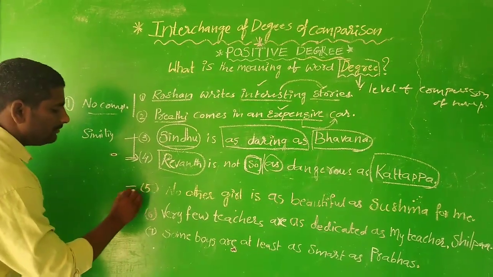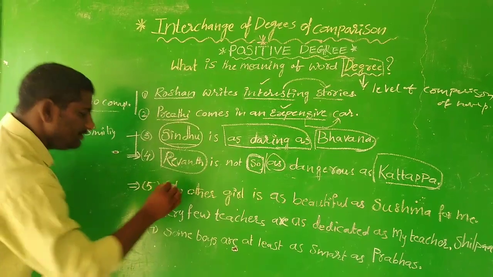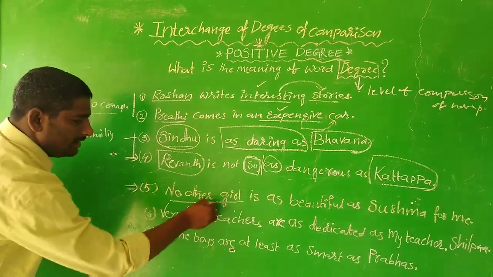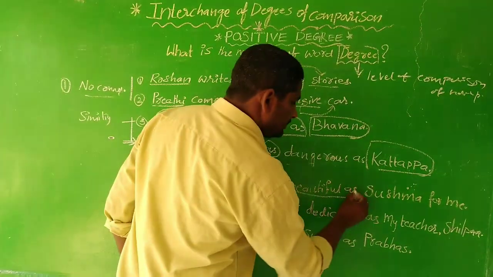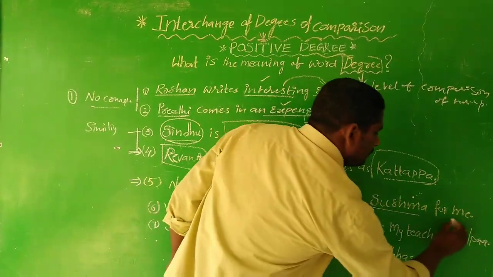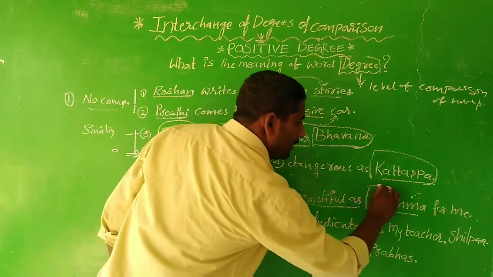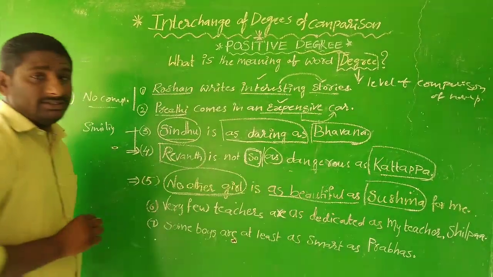In the fifth sentence, no other girl is as beautiful as Sushma for me. Here Sushma is compared with all other girls.